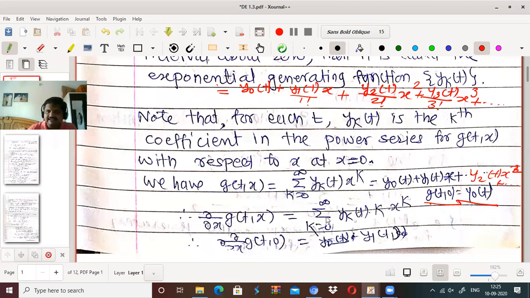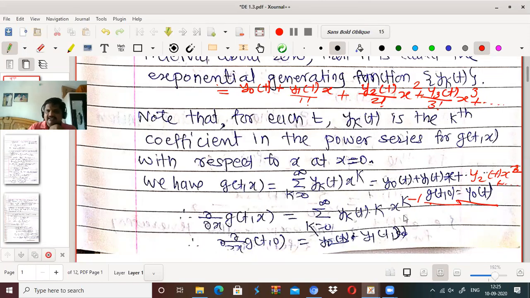The derivative becomes the summation from k equal to 0 to infinity of ykt into k into x to the power k minus 1.